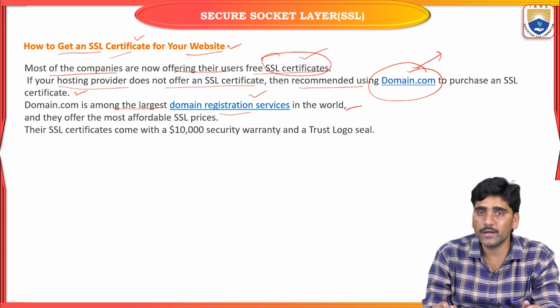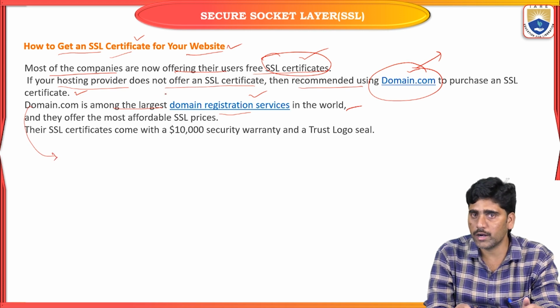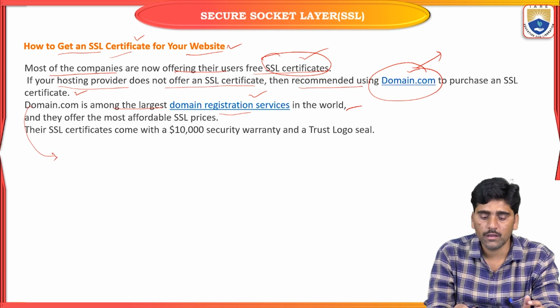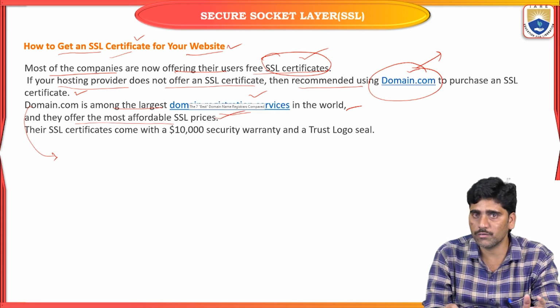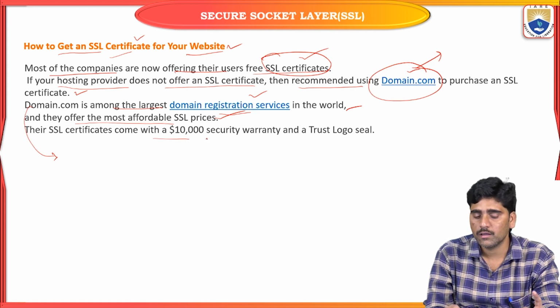So domain.com provides registration as well as certification, validation, and verification. They offer the most affordable SSL prices also. For providing the SSL certificate, they will charge some cost. Their SSL certificates come with a minimum $10,000 security warranty and a trust logo seal.